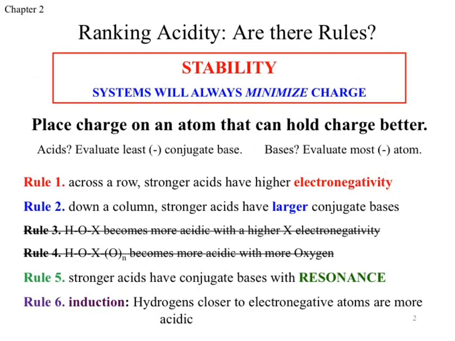Yes? When you say larger conjugate base, you're only referring to the atom holding the charge? Only the atom holding the charge. Our first two rules only apply to the atom holding the charge. If we cannot find a difference, then we can move further away. At that point, those atoms are not holding the charge, so we cannot do a comparison on size.